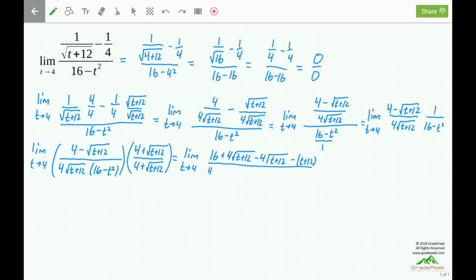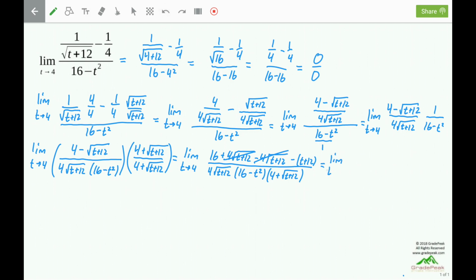In the denominator, we have 4 times the square root of t plus 12 times 16 minus t squared times 4 plus the square root of t plus 12. After a root conjugate FOIL, the outside and inside terms will always cancel, so let's cancel those out. And our next step is we're going to distribute the minus sign into the expression here in the numerator.